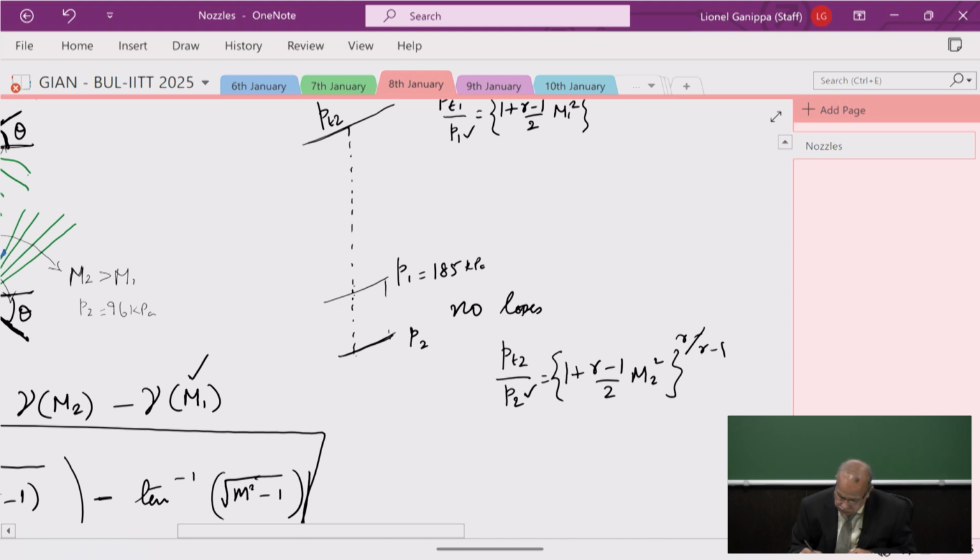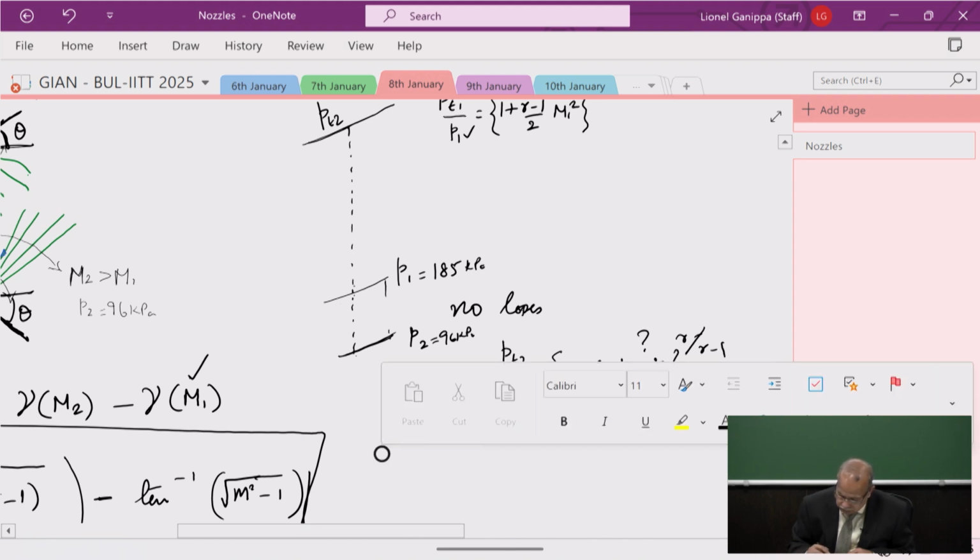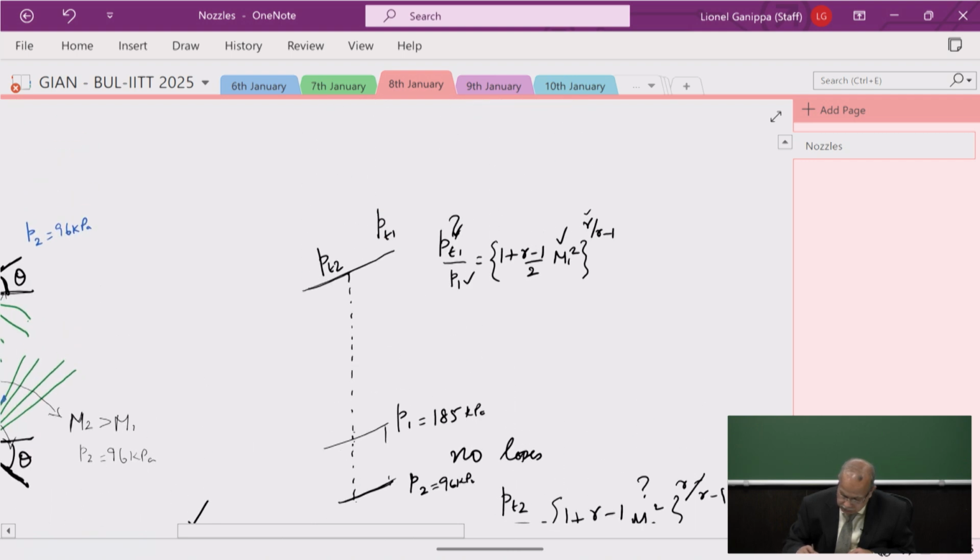Now P2 is given in the problem as 96 kilopascal. M2 is not known, but we can find PT1, and PT1 is equal to PT2.